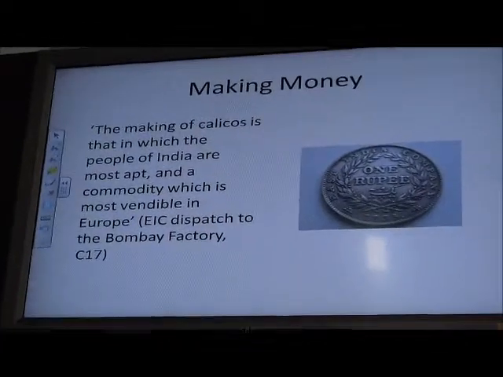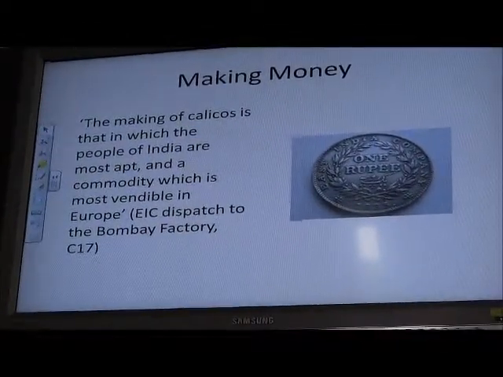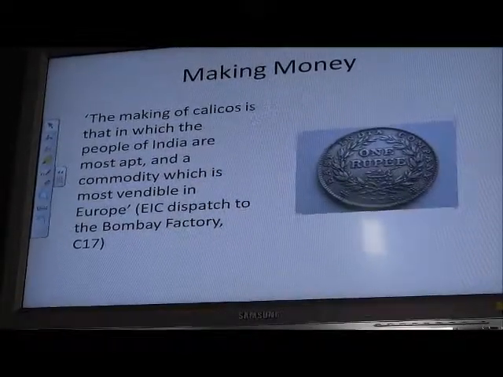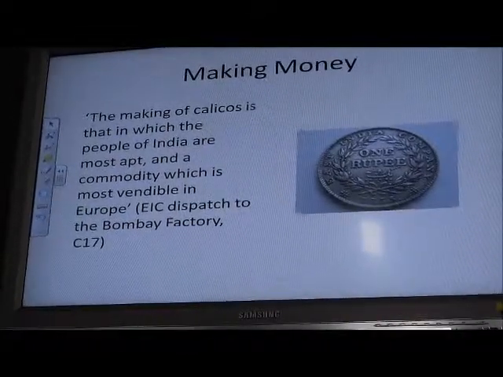And the East India Company very quickly realised that Indian cotton is going to be a very profitable thing to focus on. A quotation from a British person writing to Bombay in the 17th century, he says, "The making of calicos is that in which the people of India are most apt, and a commodity which is most vendible to Europe."